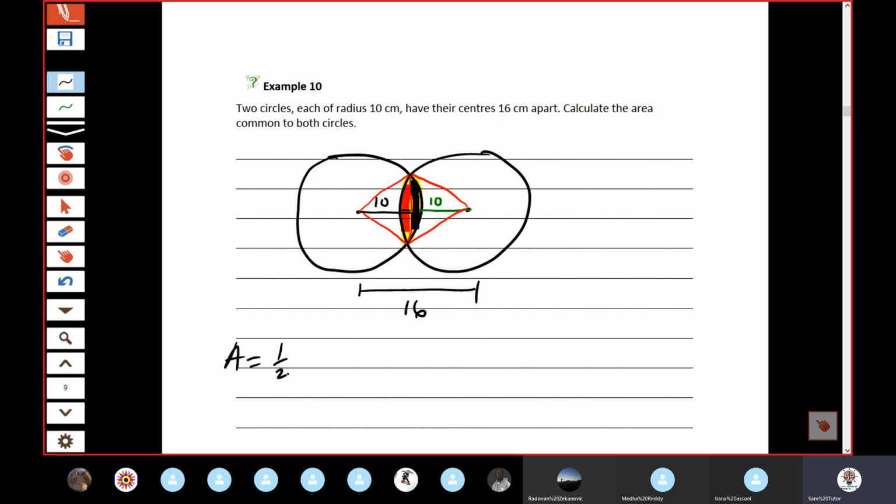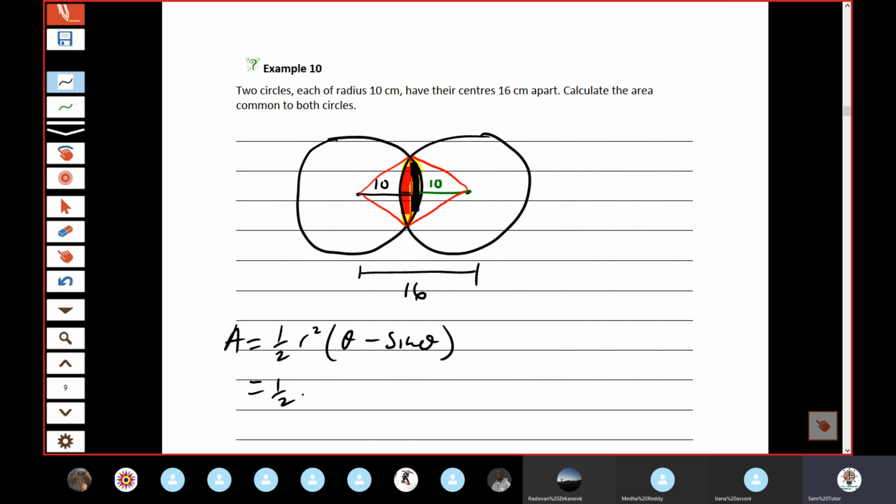So segment: half r squared, theta minus sine theta. So what do we have? We've got half, we've got the radius being 10. We don't have theta. We don't have theta.